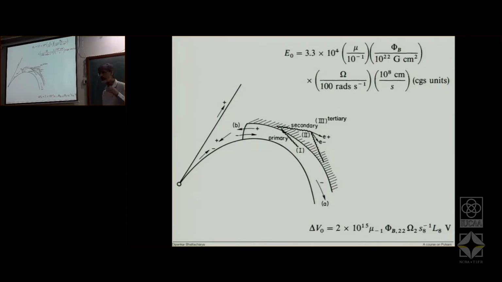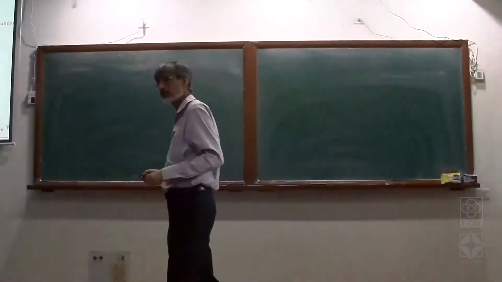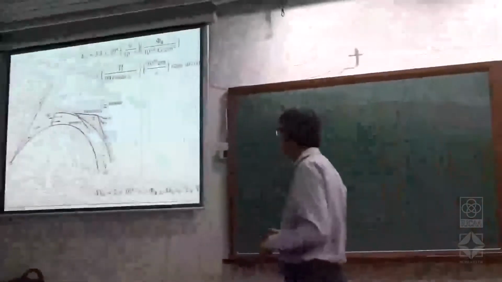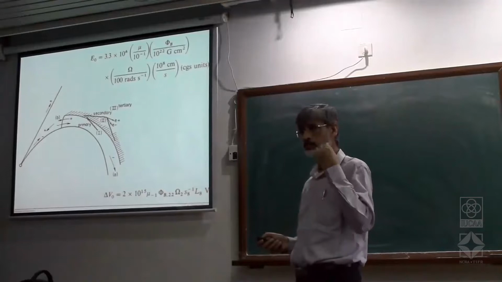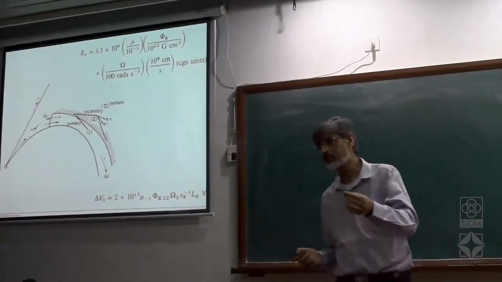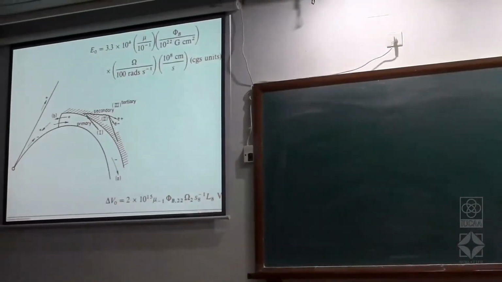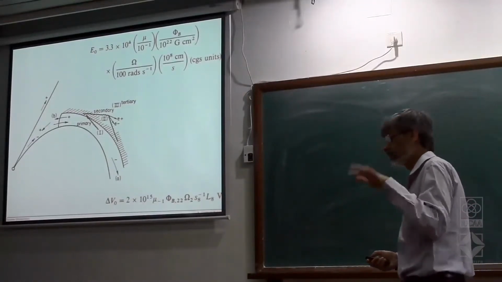Now this charged particle, which has a high Lorentz factor, although it is radiation reaction limited, will produce high energy radiation. This radiation can be produced in several ways.